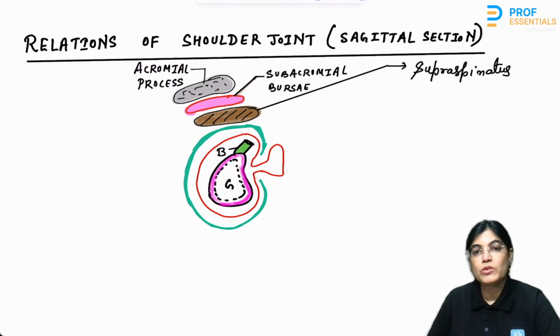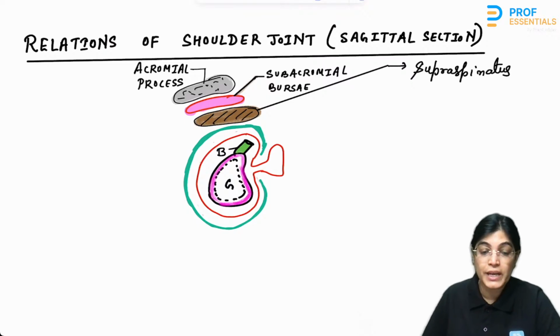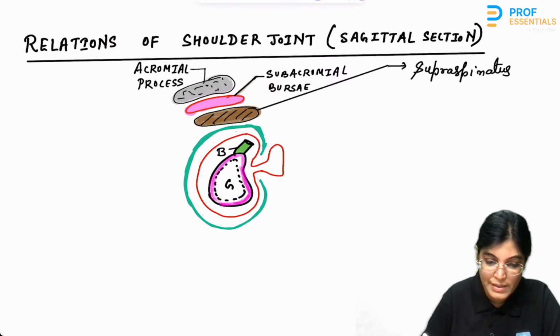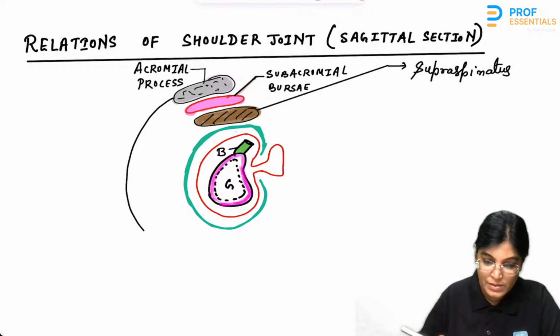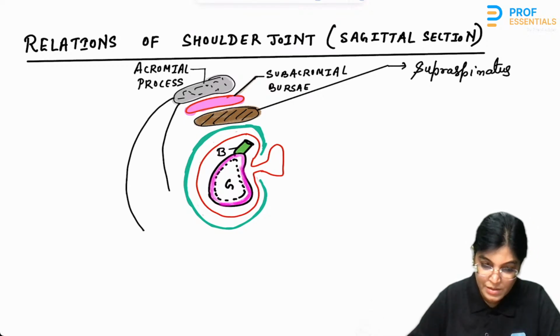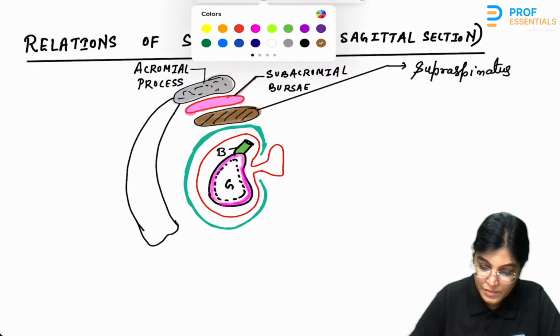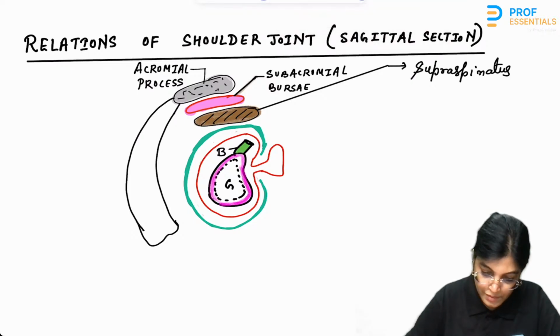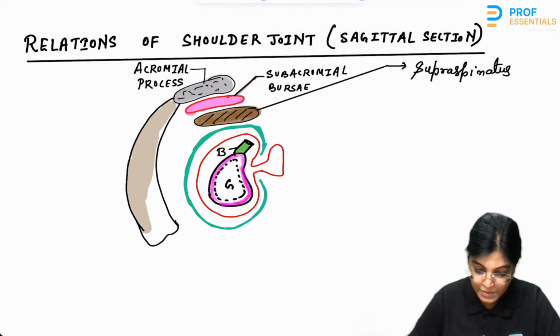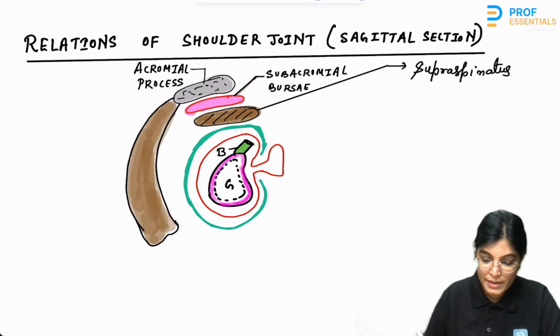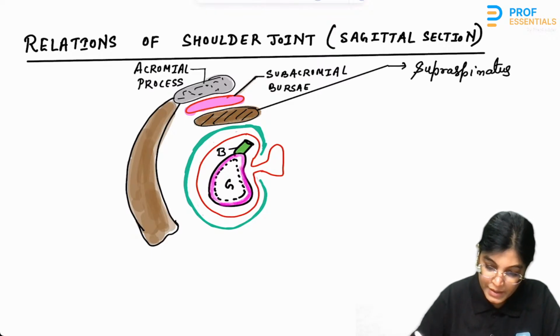On the acromial process, we have the attachment of which muscle? The deltoid muscle. So we will have the deltoid muscle here. I will make a section of the surrounding structures. This muscle which we have made is the deltoid muscle.